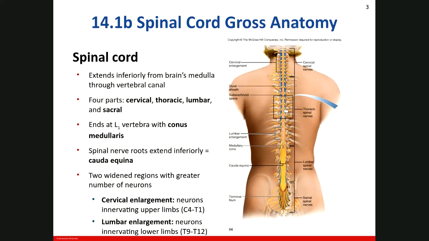One of them is called the cervical enlargement, which we have in the cervical region, and the other one is called the lumbosacral enlargement or lumbar enlargement, which we have in the lumbar part of our spinal cord. So the spinal cord becomes enlarged in the cervical region and also in the lumbar or lumbosacral part.